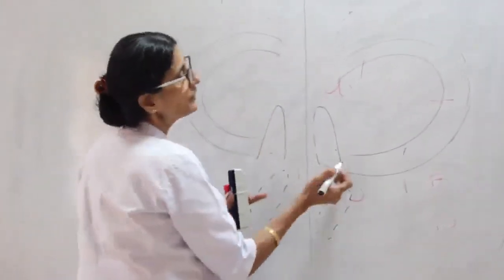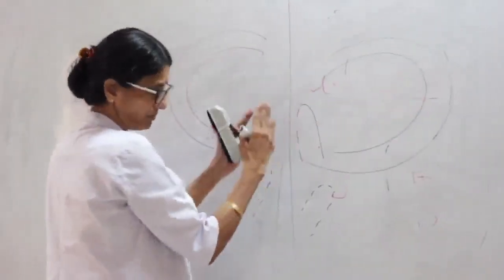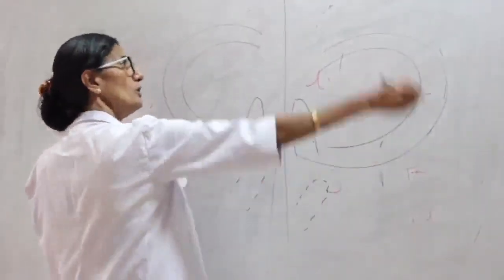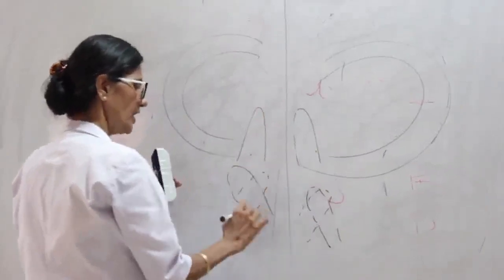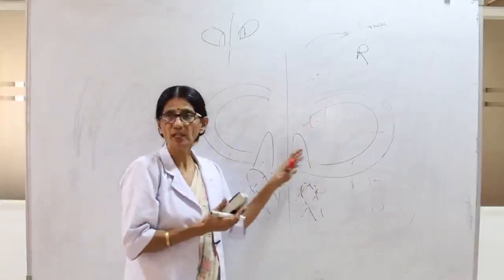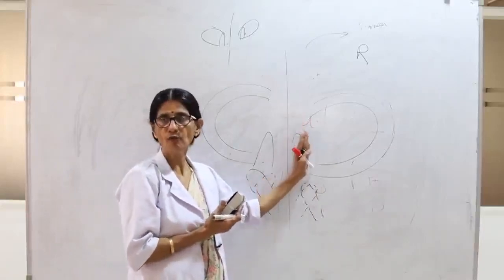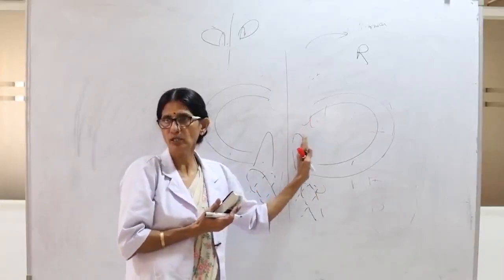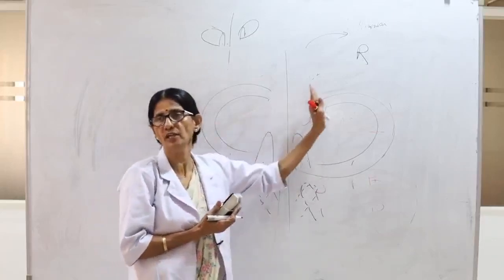So here the head is rotated to the right side, but because of the inertia it will be standing behind, and so what happens here? Instead of going to the right side, it will be displaced in this direction, isn't it? Is it clear? So because of the inertia of the endolymph, the erect crista now will be displaced in the opposite direction of the movement of the head.